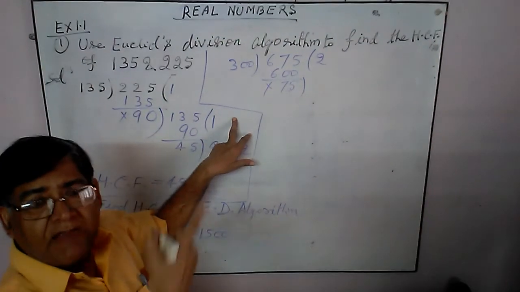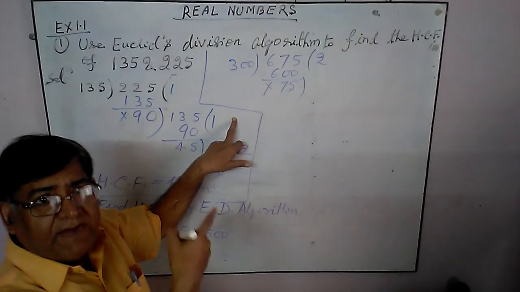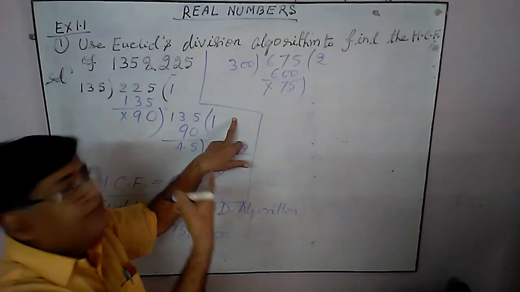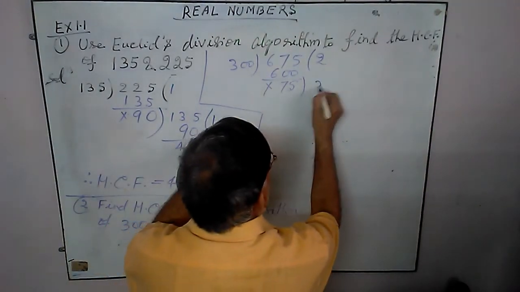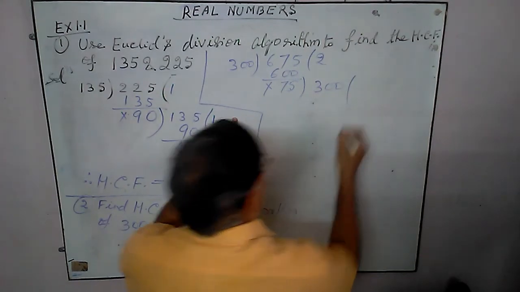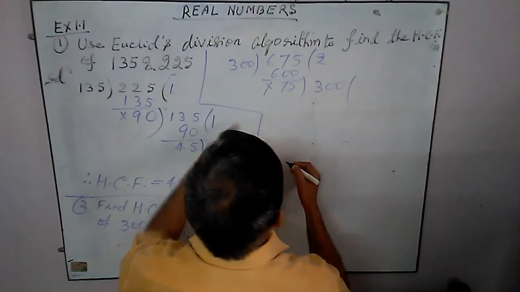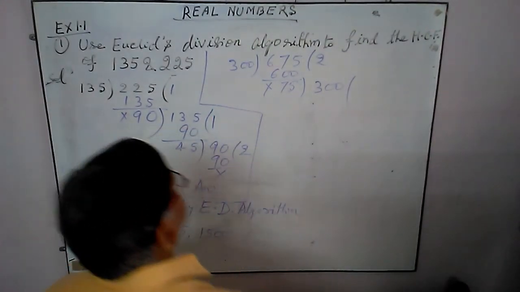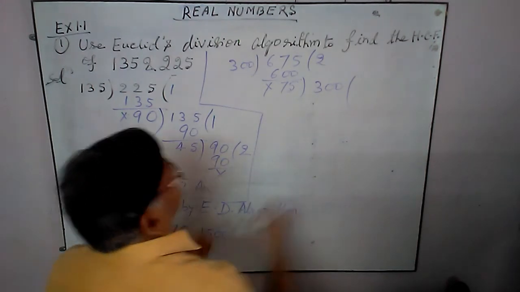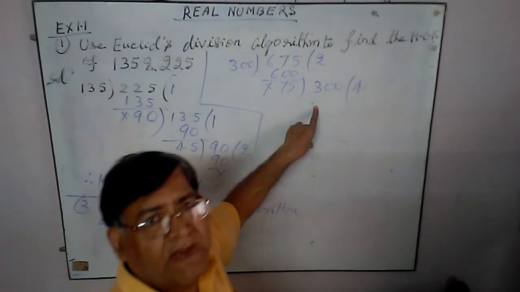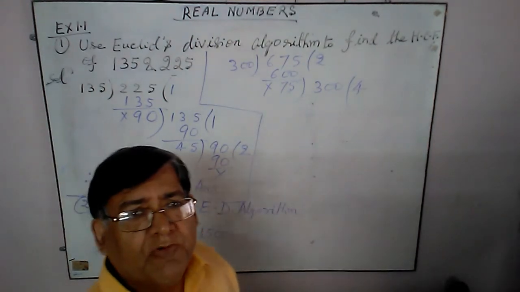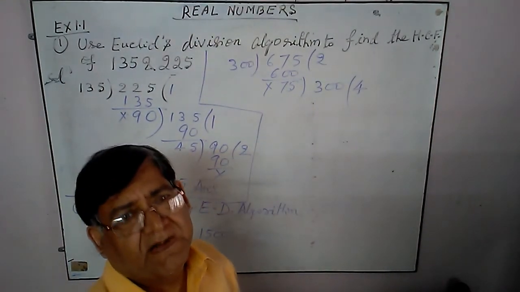Now 75 will be the new divisor because it is the remainder, and 300 will be your new dividend. So it will go 4 times, because 75 times 4 becomes 300.